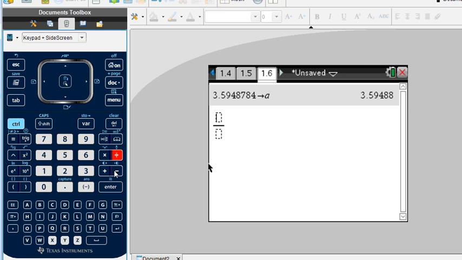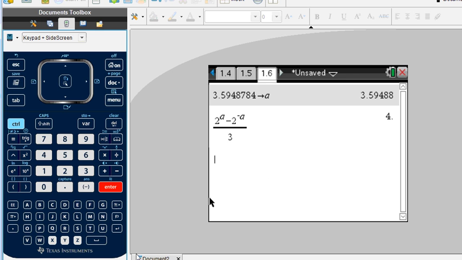That's going to be 2 to the power of A minus 2 to the power of negative A, and we take this all over 3, we should get 4.